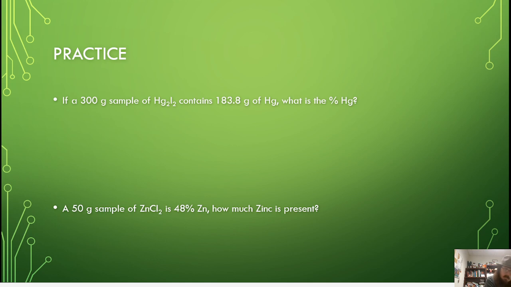And then 50 grams of zinc chloride, 48% zinc. And then we're going to want to know the mass of the zinc. Okay. So let's look at that. We're going to finish with that.